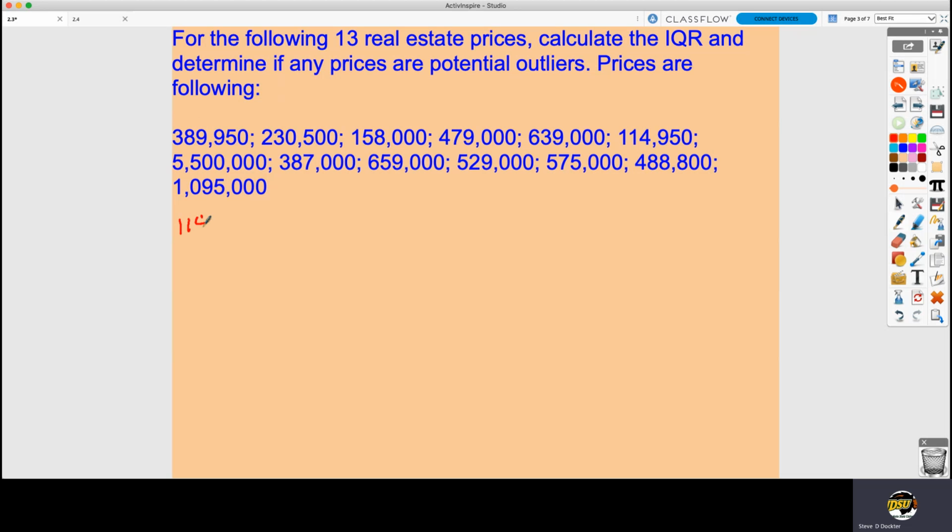So I know it's just terrible putting 13 numbers in order. We can't put numbers in order now. Can I get rid of that? I don't know.